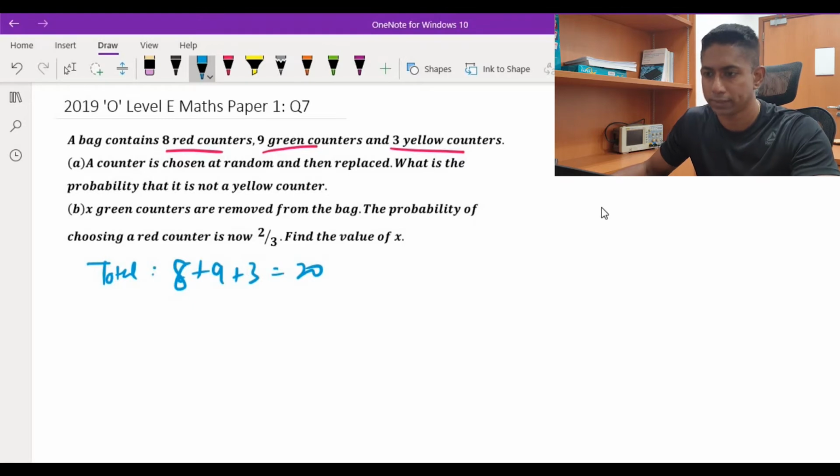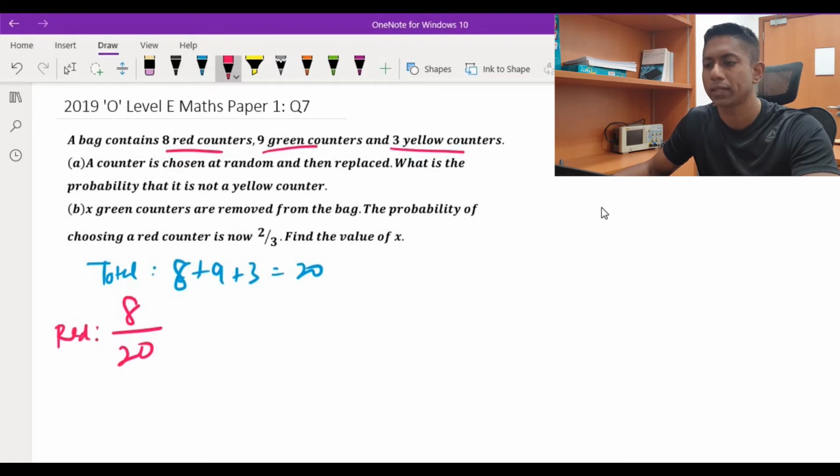Now we are going to pick a counter and we want to know the probability that it is not a yellow counter. In order for it not to be a yellow counter, it can either be a red counter or a green counter. For it to be a red counter, the probability would be 8 over 20. For it to be a green counter, the probability would be 9 over 20.